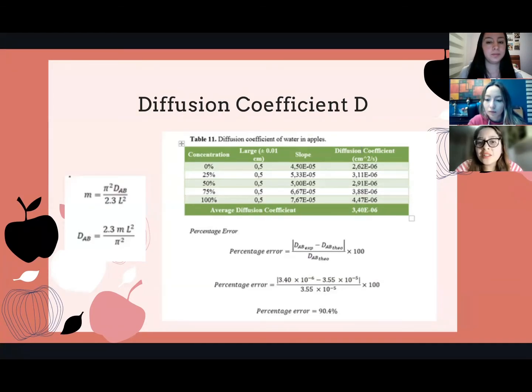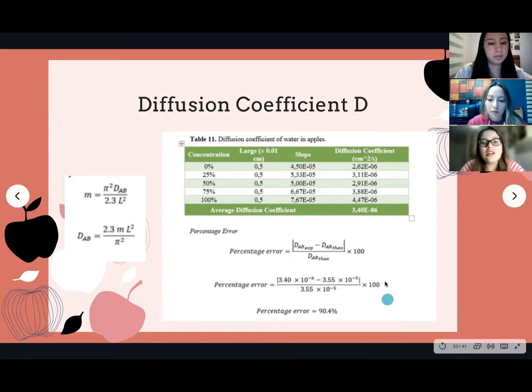Regarding the transfer of heat, its kinetic effect was observed with the following assumptions: infinite plate, surface evaporation, a constant air temperature, and the evolution of temperature in the center of the surface. Based on the water diffusion coefficient, the value obtained experimentally had a percent error of 90.4%.